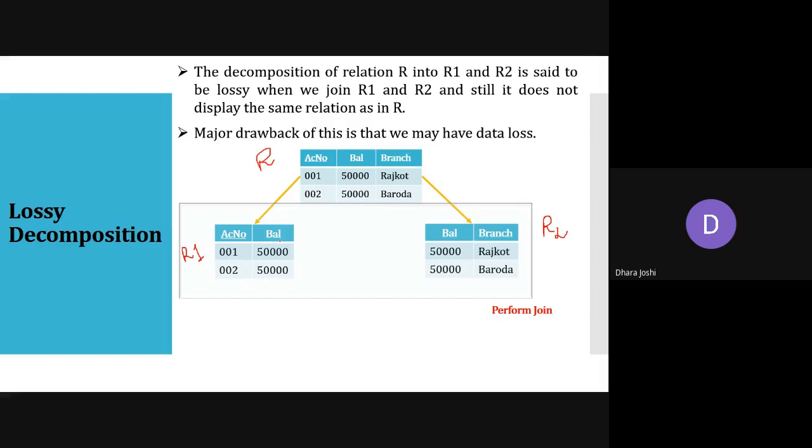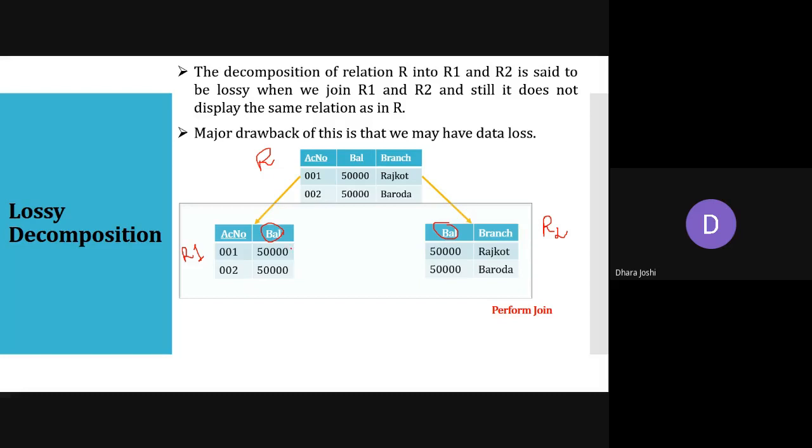So here, if you merge these two tables by performing a join, balance is the common attribute in both. First we do the Cartesian product and we keep only those records in which the balance is equal. Unfortunately, here the balance in both the records is equal, which is 50,000 and 50,000.